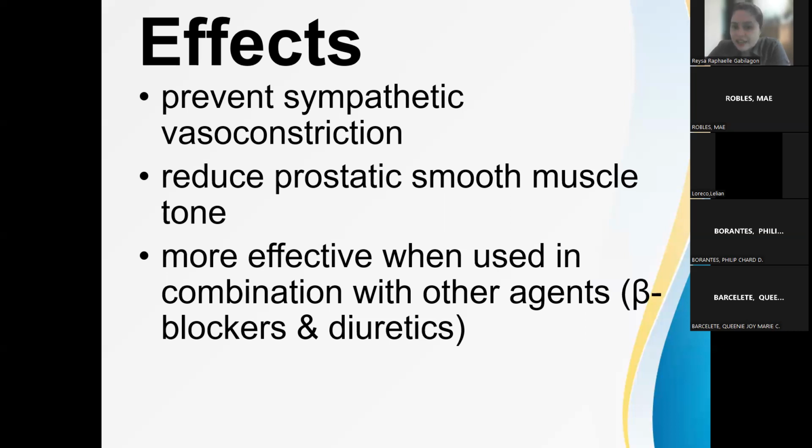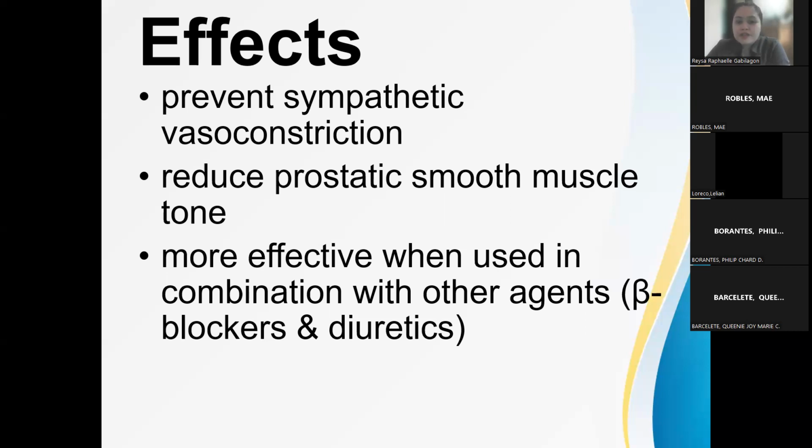So, sa mga lalaki ito, this will cause the relaxation of the smooth muscle. So, yan yung ibig sabihin ng reduced prostatic smooth muscle tone. Magre-relax siya. Hindi siya gaanong magpo-contract.